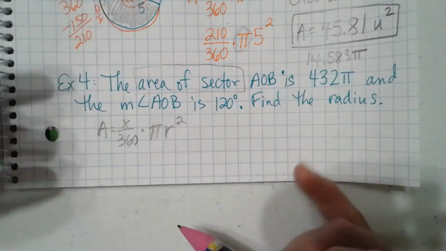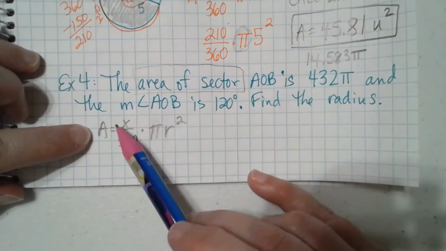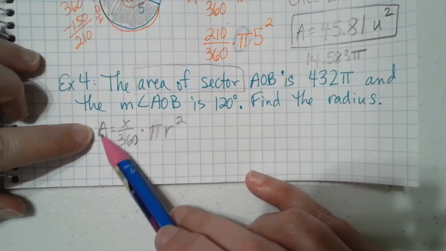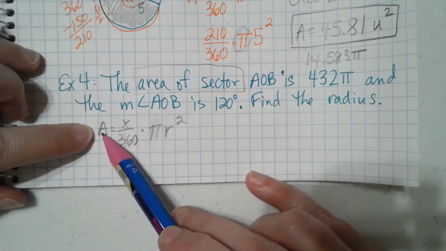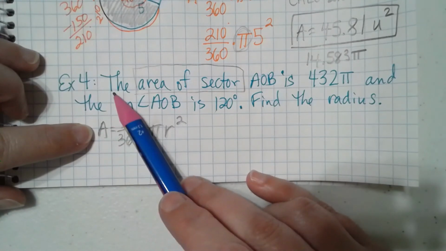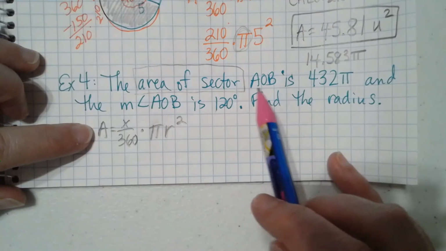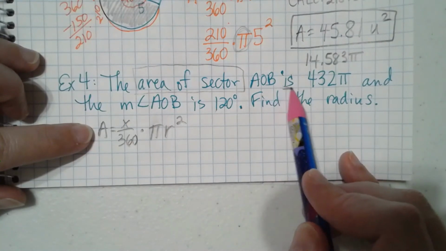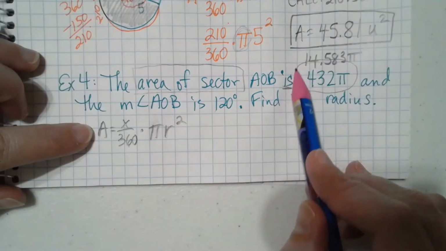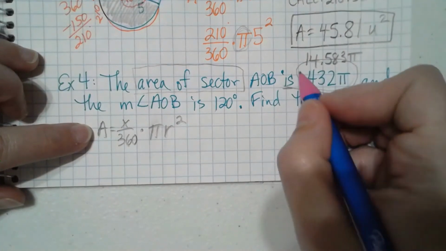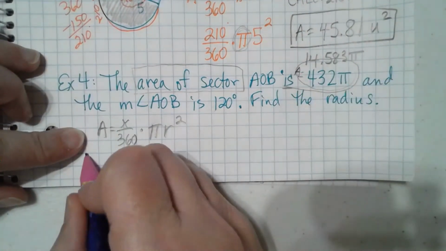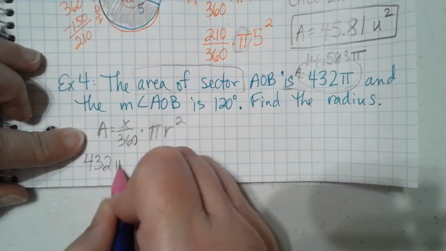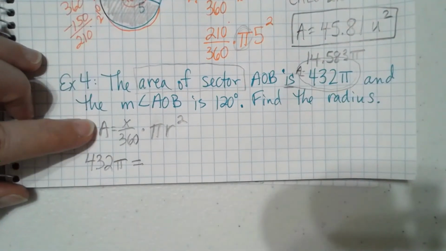And then I'm just going to plug in what we know. This capital A stands for what? Area. Do we have a number for area in this problem? Area of our sector is 432 pi. So all of this is going to go for capital A. So I'm going to put 432 pi over here. Then I have an equal sign.